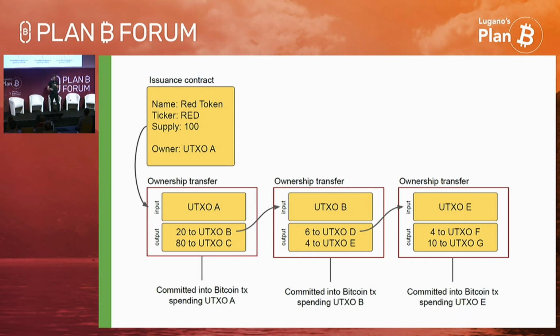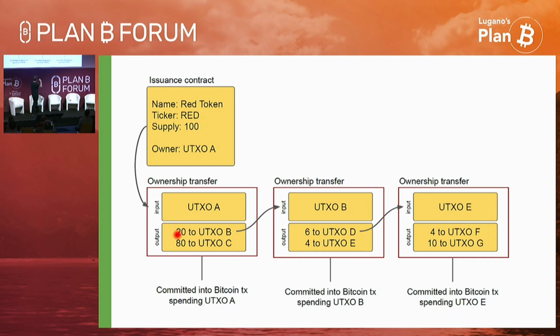So you have 100 tokens that were allocated to UTXO A. In this case, Alice wanted to pay Bob, who had UTXO B. So she sent 20 tokens to UTXO B and 80 tokens back to a change UTXO, because when you spend a UTXO, you cannot spend it partially. You need to spend it fully. So you also need to prepare a second UTXO where you get the change of whatever you don't want to send to your counterparty.